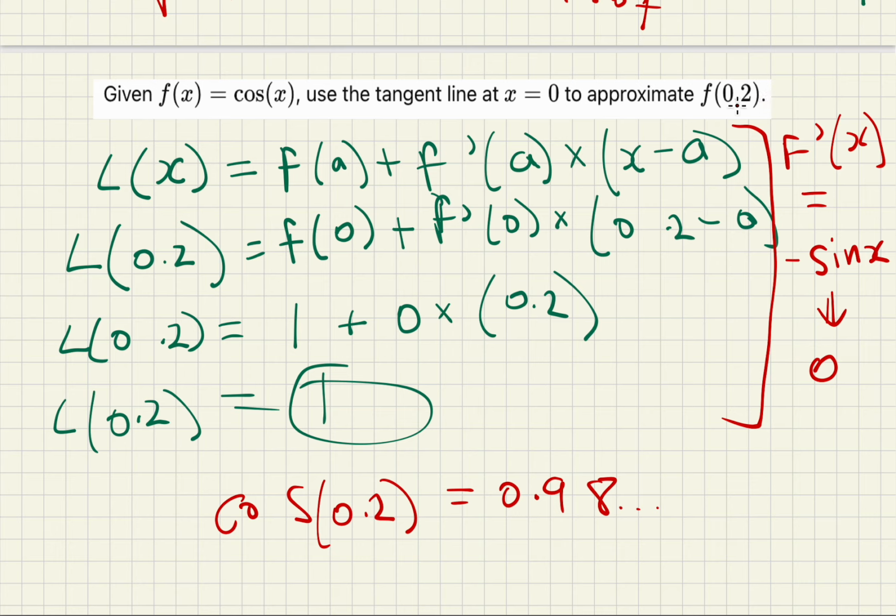In this case it was 0.2 and 0, and so the difference was 0.2. The difference will rarely exceed 0.5 or 1. And so whenever the difference between these two x values is less than 1, you can use linear approximation.